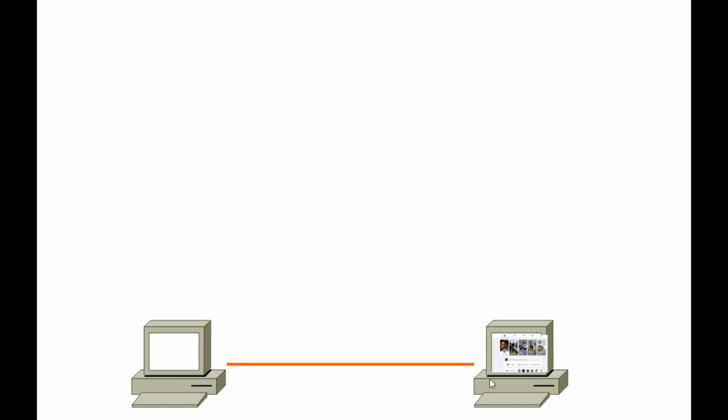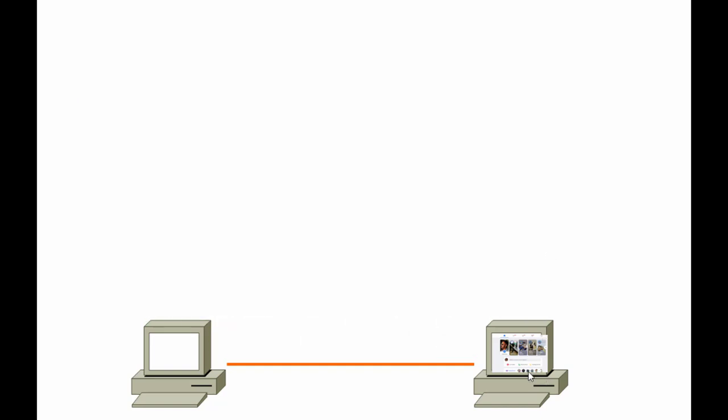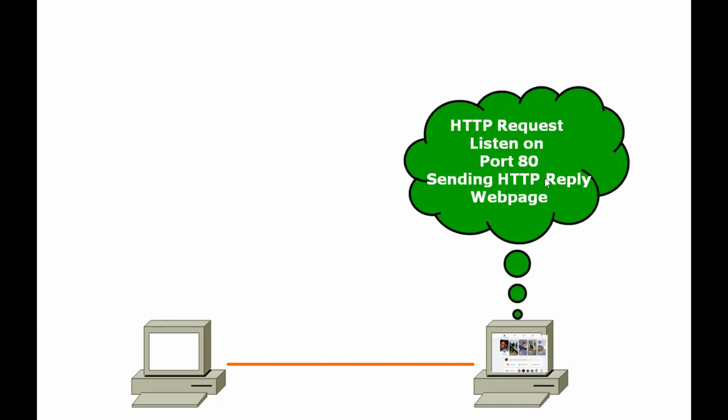The client sends a request to the web server. When an HTTP request is made, the web server receives that information on a port number. If the request came from HTTP, then port number 80 is used.